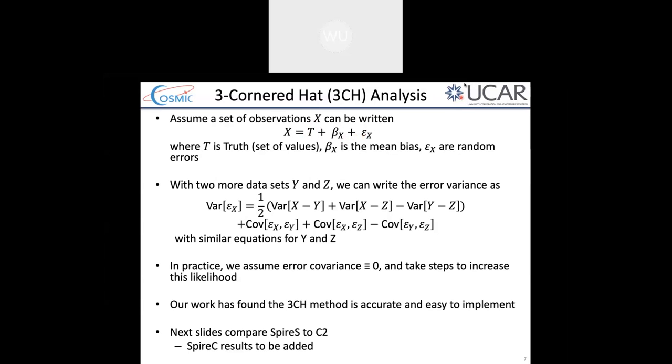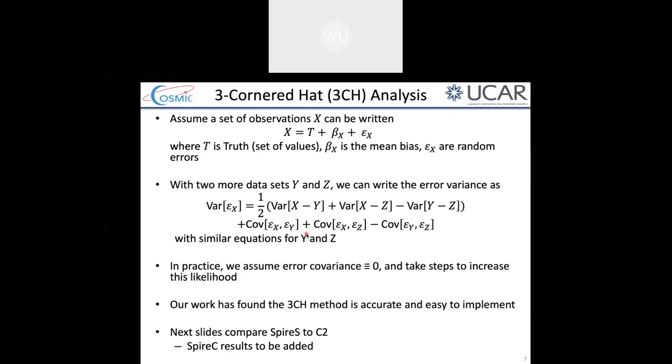I'm trying to somehow get my WebEx window out of the way here. Okay. I'm only going to go through this quickly, but basically, if you have 3 or more data sets, you can compute the random error variances from an equation like this. This is for one of them; you need data sets X, Y, and Z, and the equations are similar for each of them.